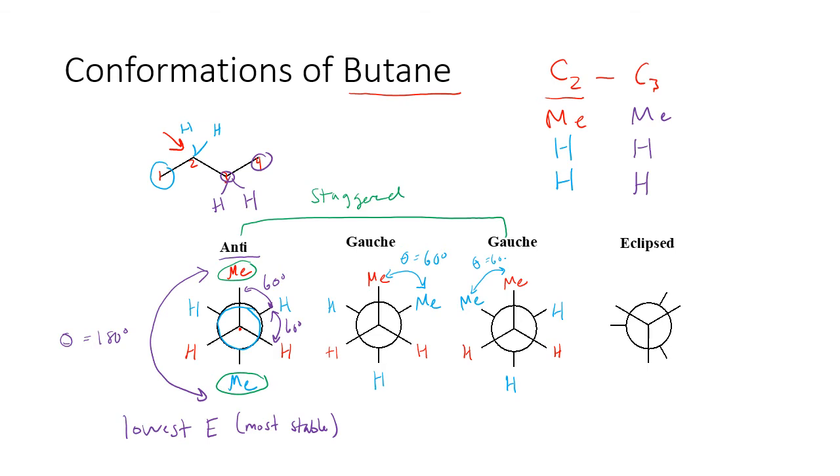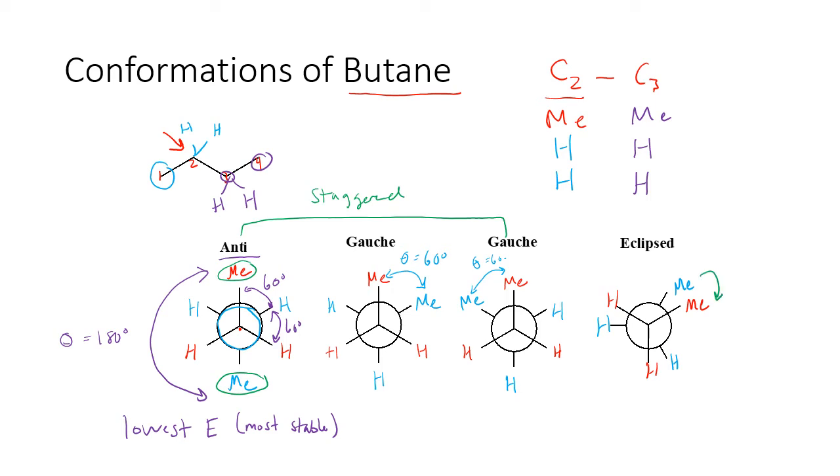So the eclipsed is our highest energy, least stable conformation, where now we're going to have a situation where our 2 largest groups, our methyls, are on top of each other essentially. And this is how we show them being on top of each other. We've rotated it so it looks like they're not staggered.